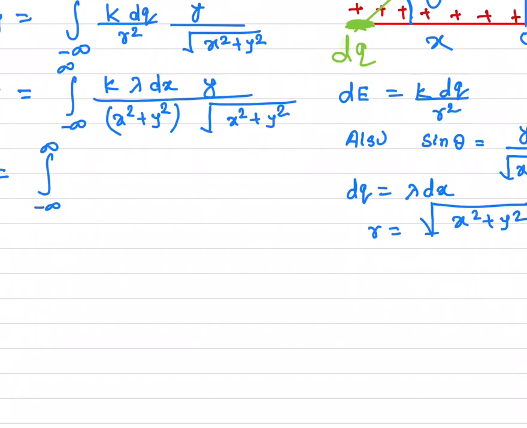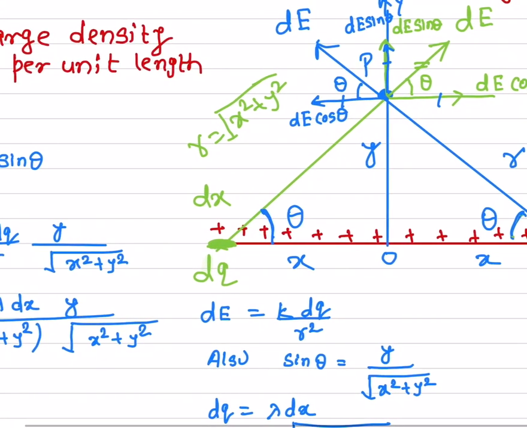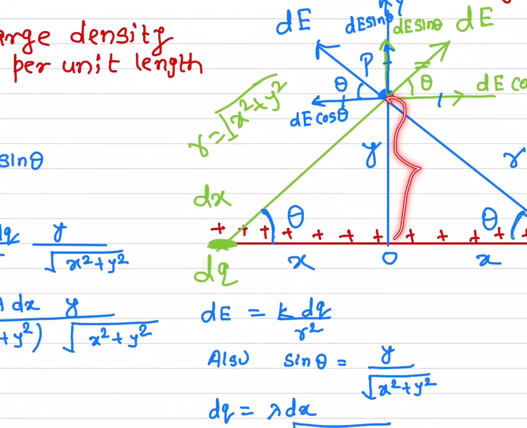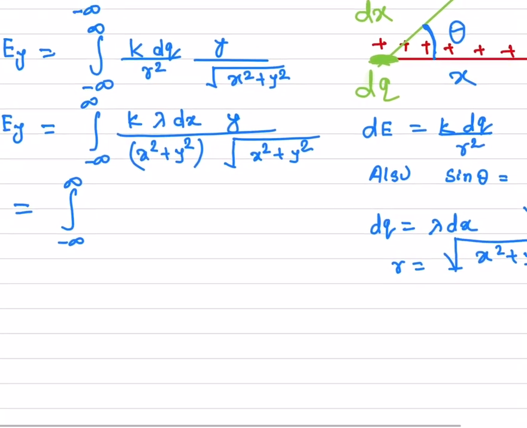Now, I'm just trying to simplify things. So let's put all the constants on one side. K is constant, lambda is constant, and y in this case is constant, because y is the distance from the origin to this point.